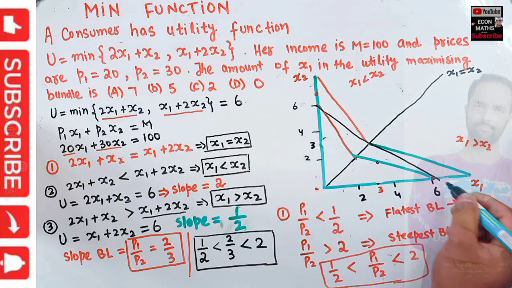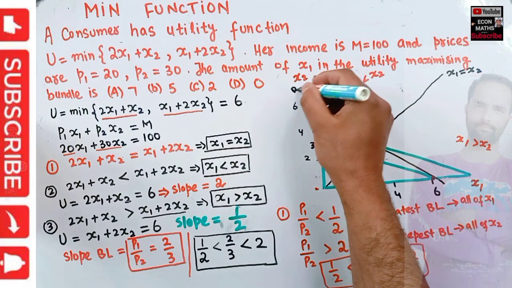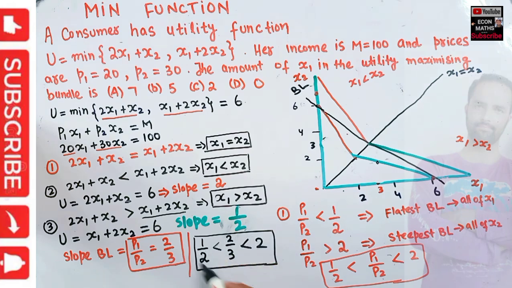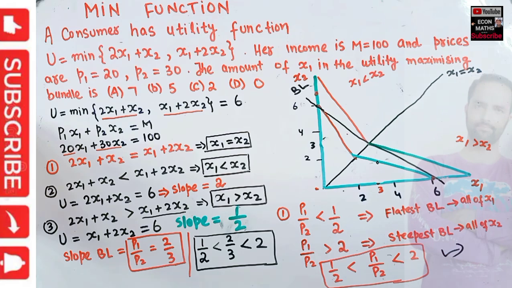This is our budget line, because this condition is being satisfied. When this is the case, the consumer will have an interior solution. And what will be the solution of our problem here?